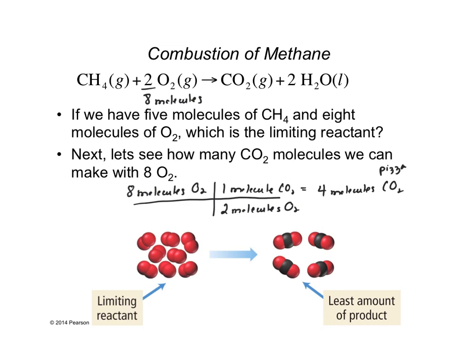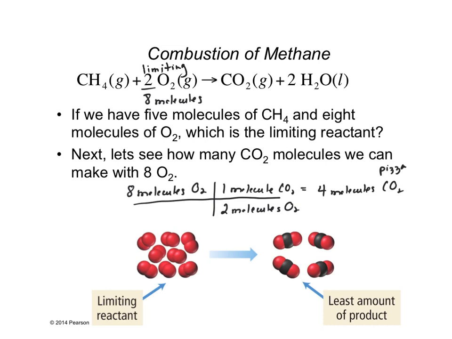With the oxygen, how many CO2s can we make? 4, okay? So who is the limiting reagent? Who makes the least amount of product? Oxygen. So oxygen is our limiting reagent or limiting reactant in this reaction, and then therefore, given that oxygen is limiting, what is our theoretical yield of CO2 in molecules? 4.